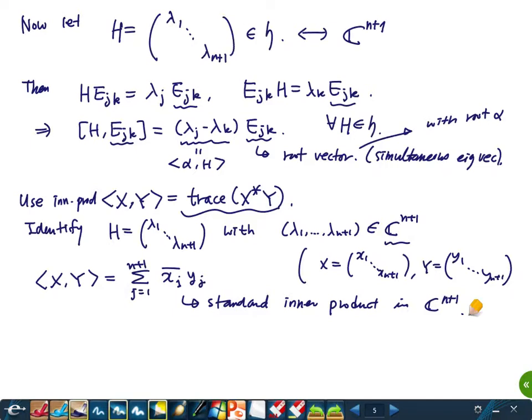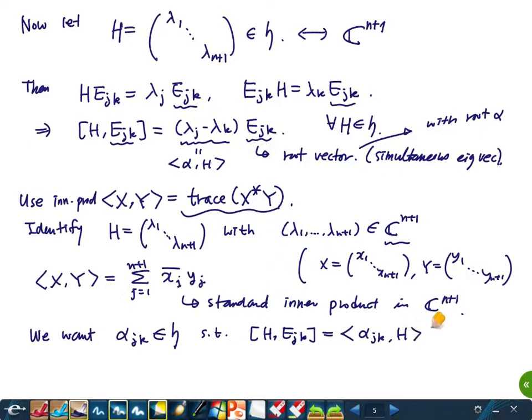So now I told you we want to find alpha, a root or vector in C^(n+1) satisfying this. So we want, say, alpha jk in H. In this case, it's just a diagonal matrix, but we can think of this as an (n+1)-tuple of complex numbers, such that [H, E_jk] equals alpha_jk(H) E_jk for all H, right?